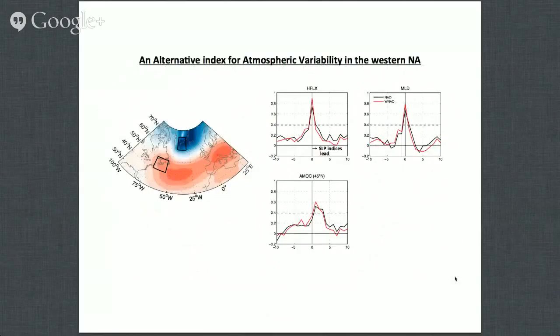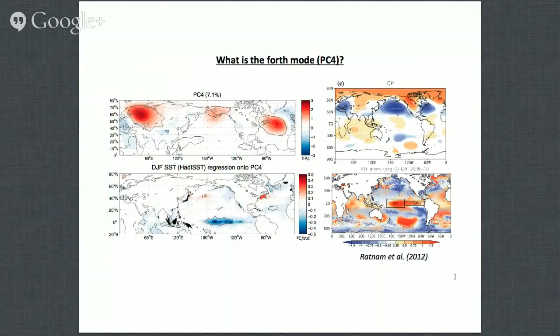I made a composite of when there was a very big response over the tropical Pacific versus when there was not much response.